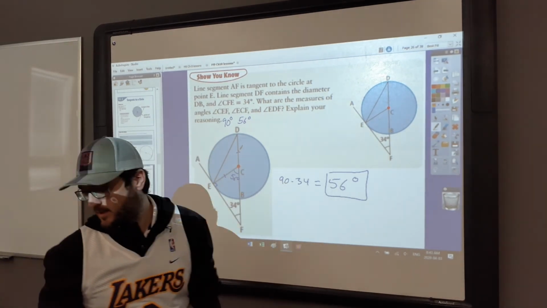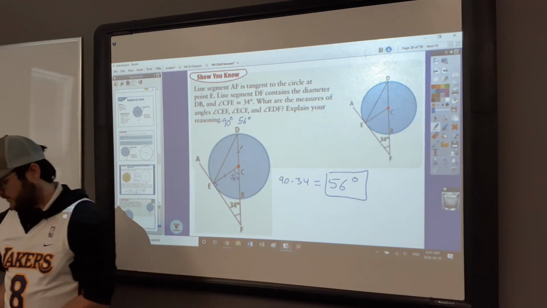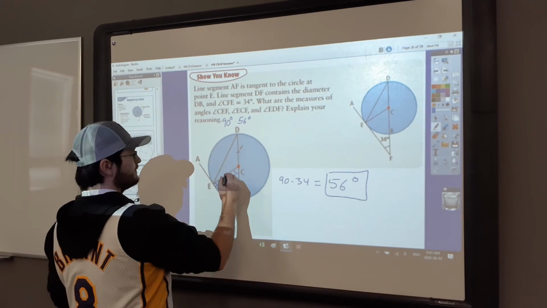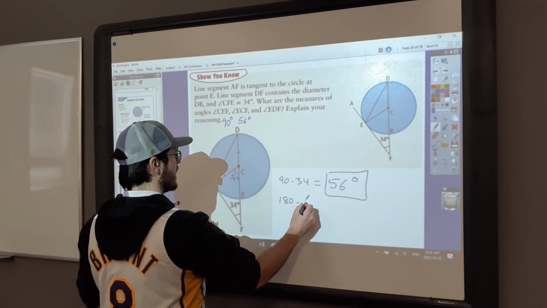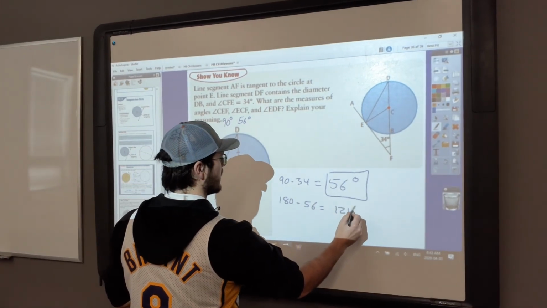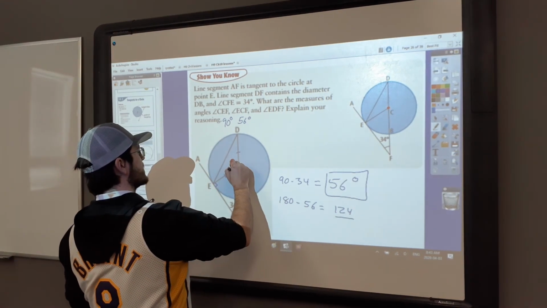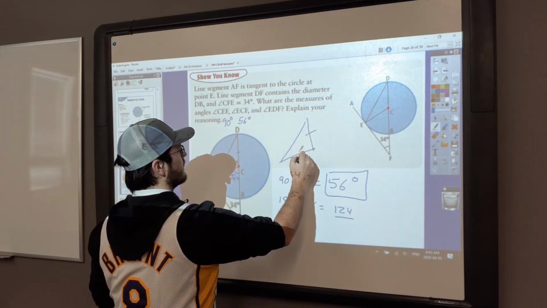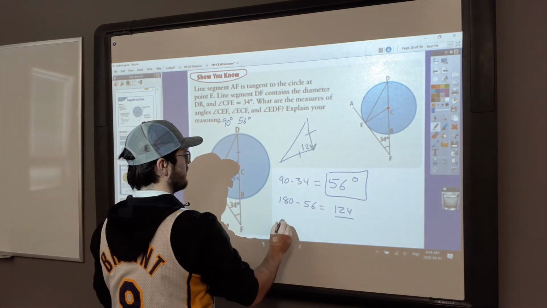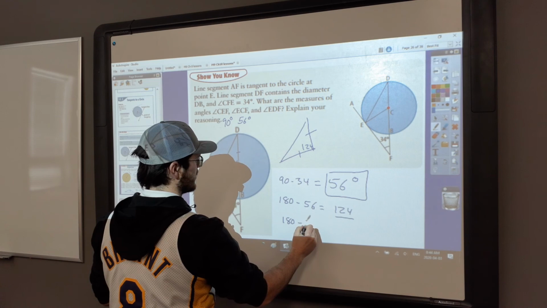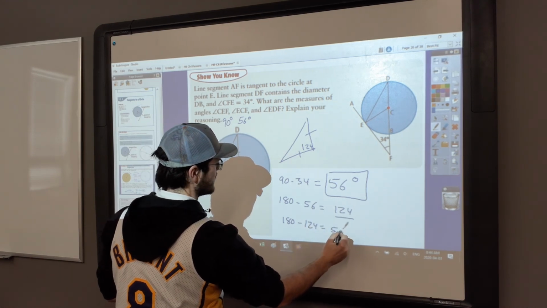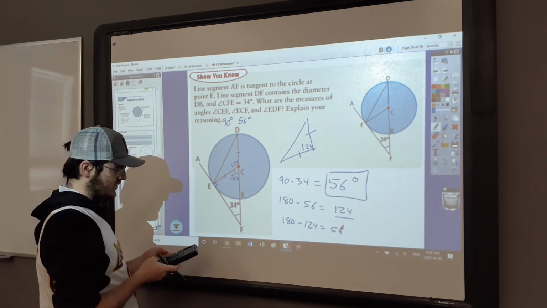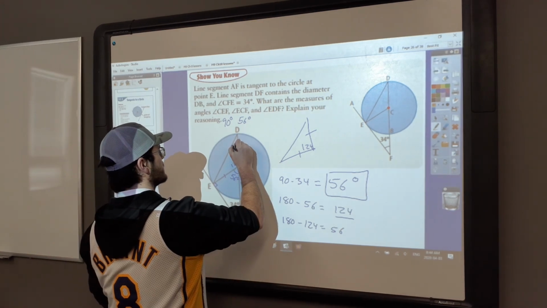So 180 minus 56 is 124. That's this angle here. And now we've got an isosceles triangle with this one being 124. So 180 minus 124 leaves me with 56, right? And so 56 divided by 2 gives you what this angle is, 28 degrees on both.